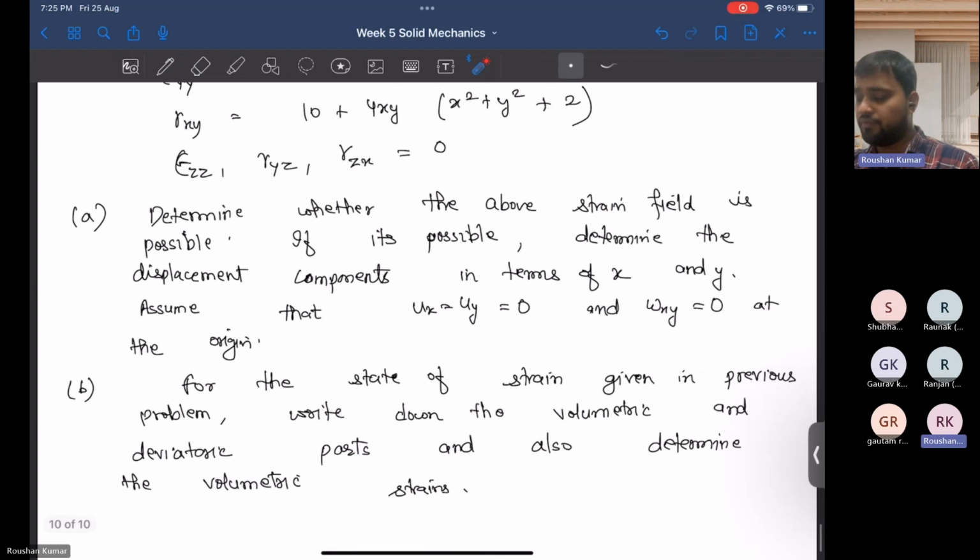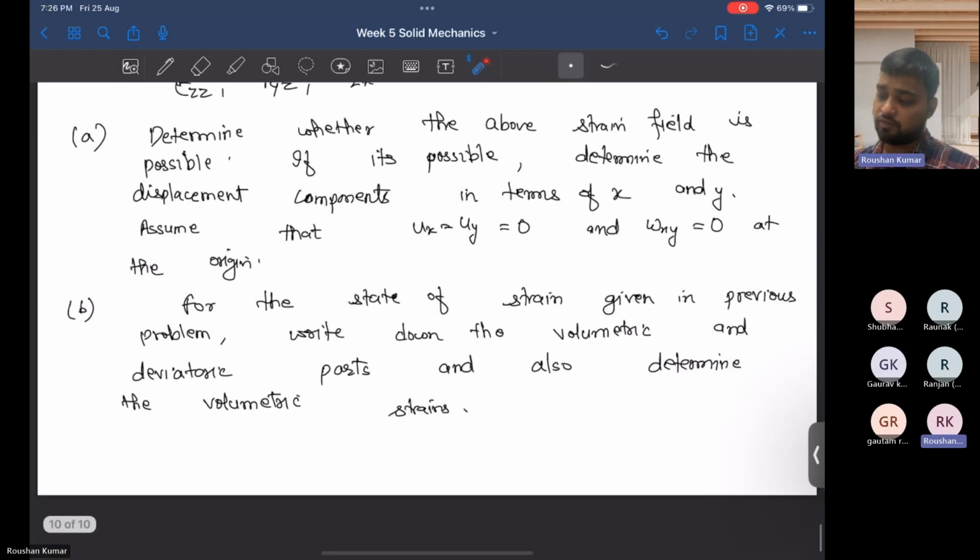The question is, determine whether the above strain field is possible or not. If it's possible, determine the displacement components in terms of x and y. Assume that ux is equal to uy equal to 0 and wxy is equal to 0 at the origin. The second part of this question is, for the state of strain given in the previous problem, write down the volumetric and deviatoric parts and also determine the volumetric strain. Okay, so let's begin with the solution.